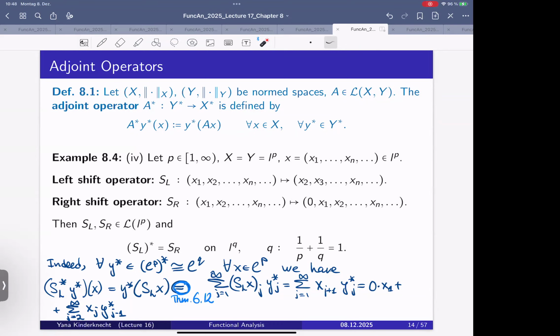Yes. Perfect. But then we can write it down in the following way. This is the sum over j from 1 to infinity of x_j times the j-th coordinate of S_R y star.